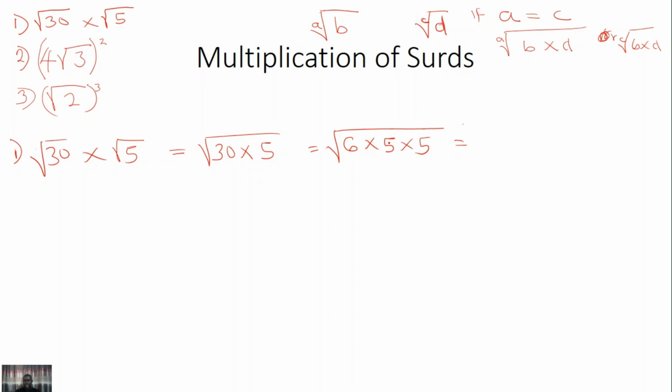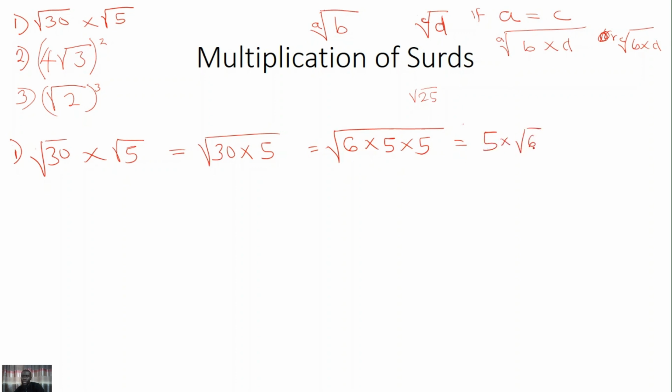Take note that when you have two numbers multiplying each other in a square root, you can just take one of the numbers and forget about the other. The reason is that, for example, when you have 5 times 5, it's actually 25, meaning that root of 25 is equals to 5. So you can just take one of these, it will be 5 times root 6.